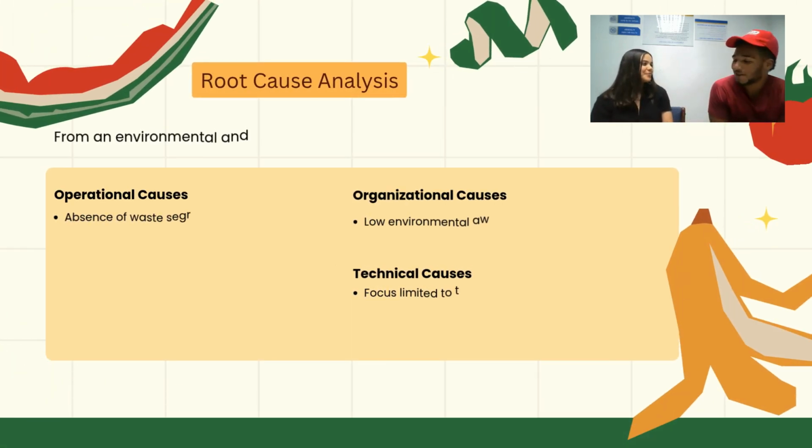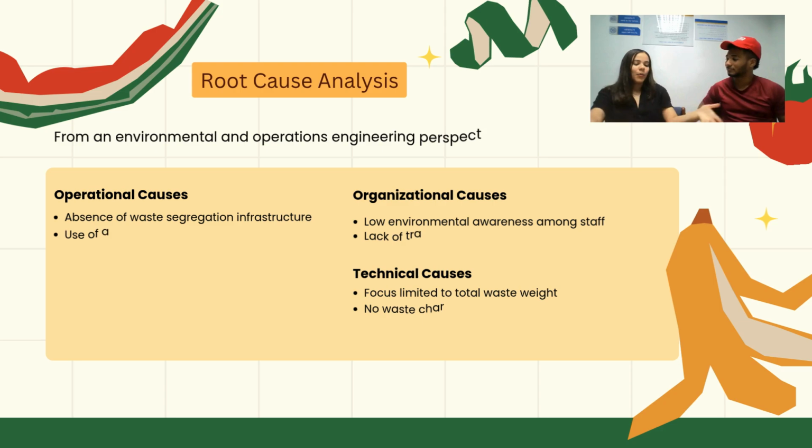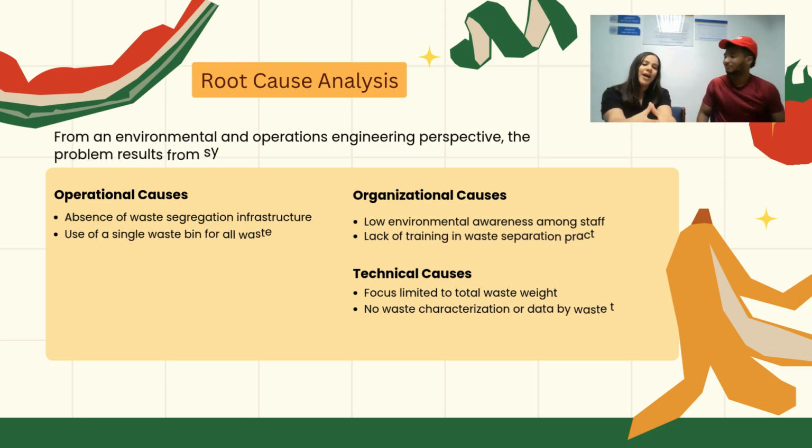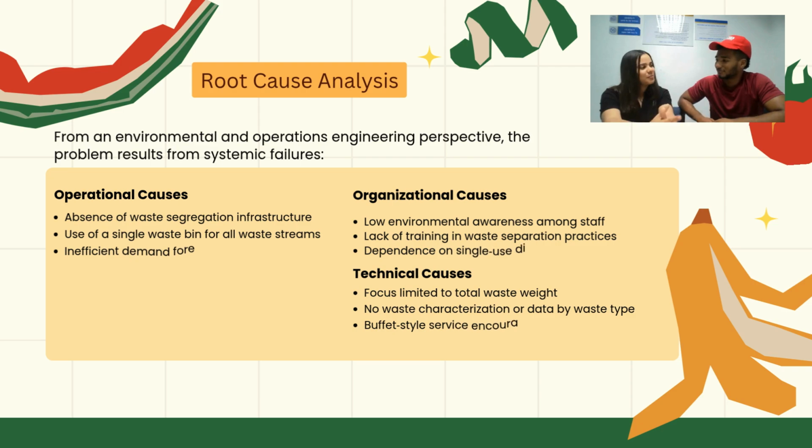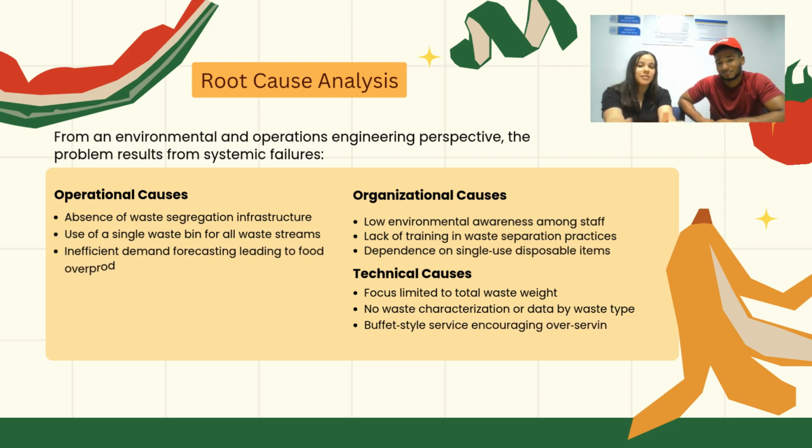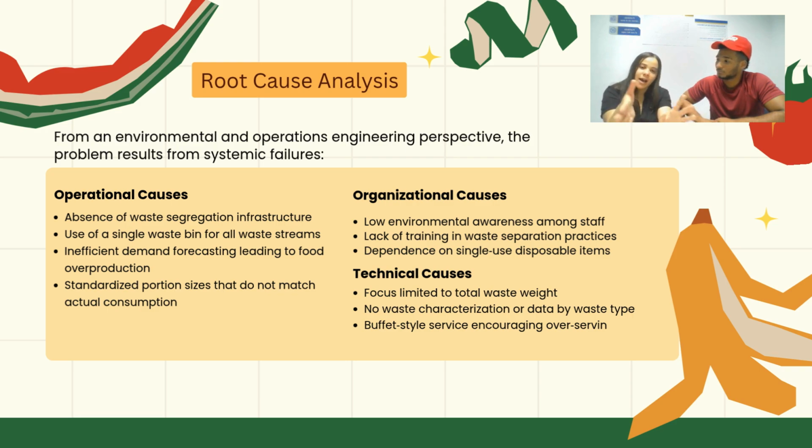So Genesis, what are we doing right now? Well, what we're doing right now is trying to explain the root causes that we determined in the investigation of the main issue, and we classify them as operational causes, organizational causes, and technical causes.